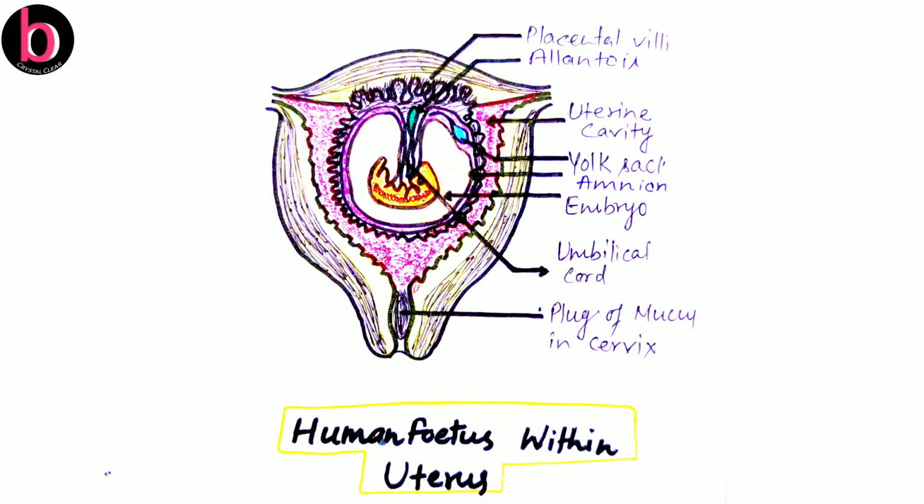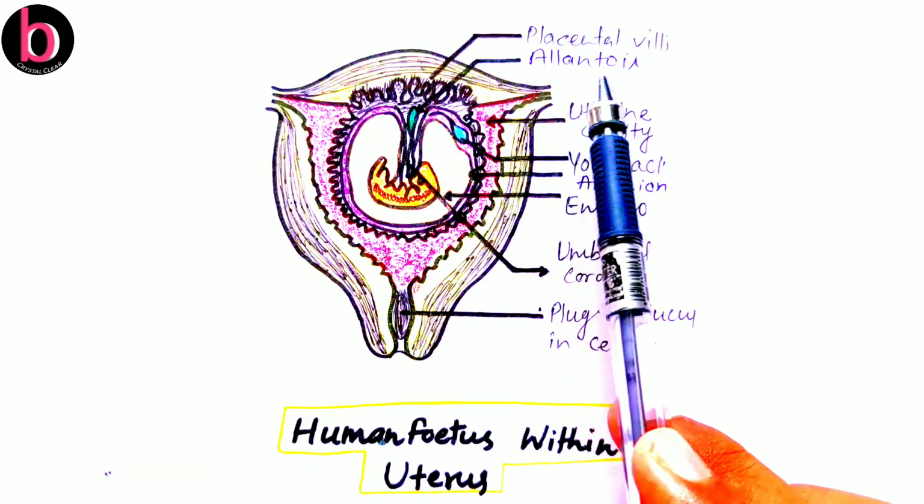The main function of this membrane is to provide protection against shock and extreme water loss, that is desiccation. This layer also helps in regulation of embryonic or fetal body temperature.